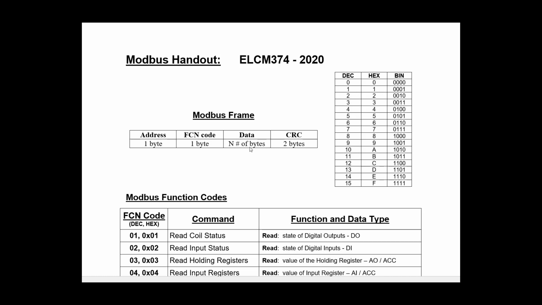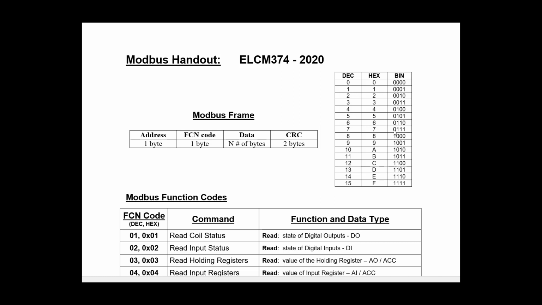So notice how there's not a fixed number of bytes here. One thing to note, however, is that this whole frame in total cannot be more than 255 bytes. So you might even want to write that on your Modbus handout if you've printed it. You could indicate that this whole combined message, including CRC, data, function, and address, cannot be more than 255 bytes.